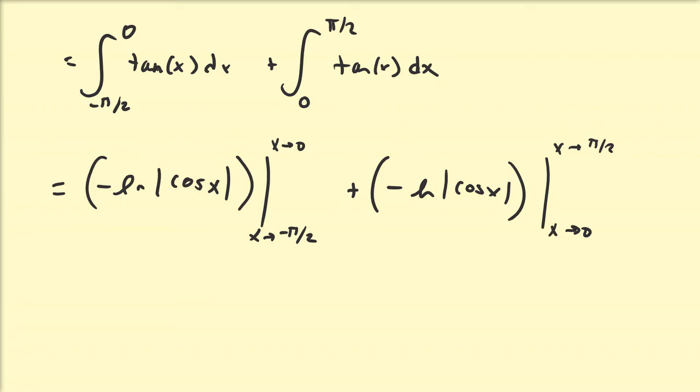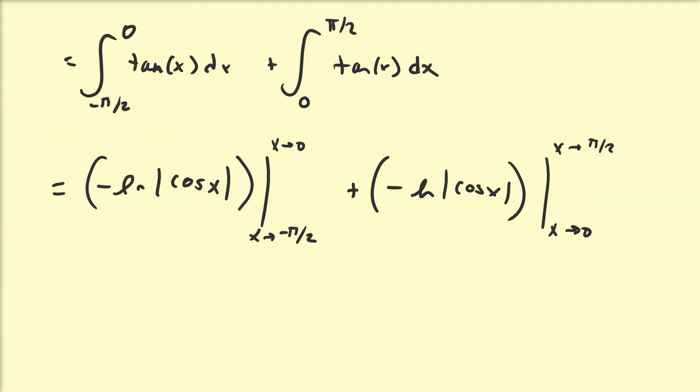We can't really approach pi over 2 and -pi over 2, so we have to get extremely close to it, say from the right or the left. As x goes to 0, cosine of x goes to 1, and natural log of 1 is 0, so that's no big deal.